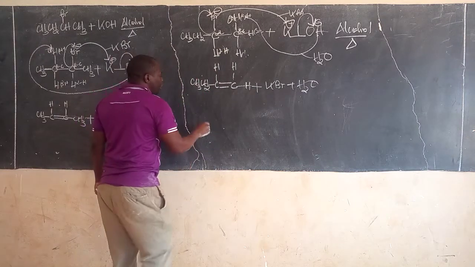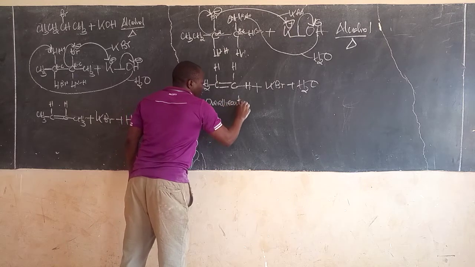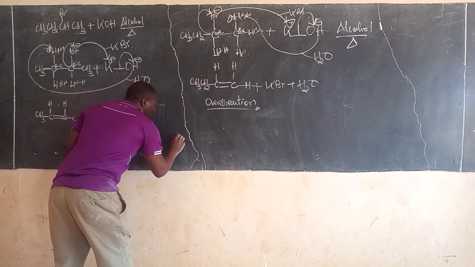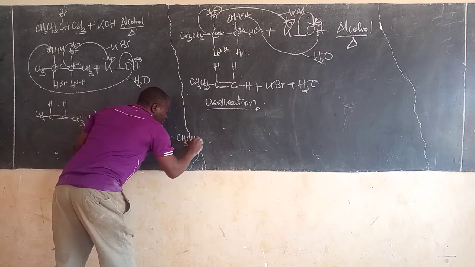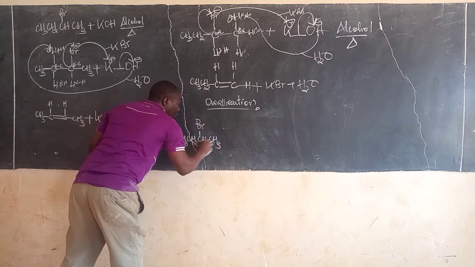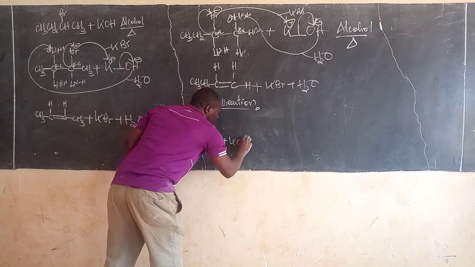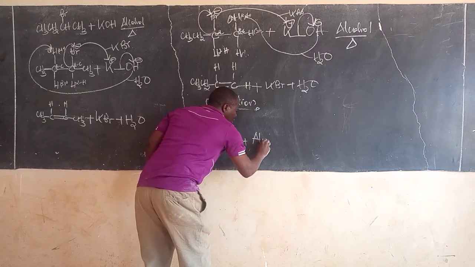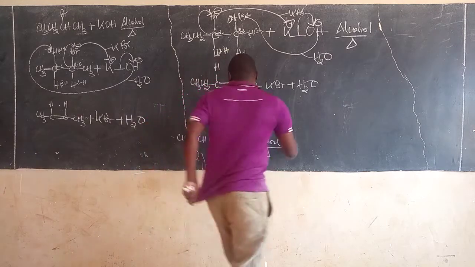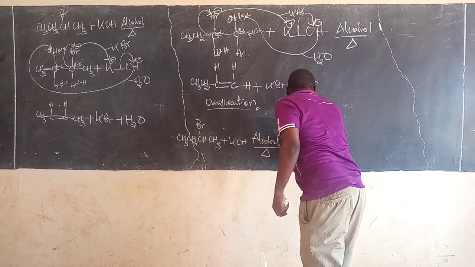Therefore, the overall reaction of this kind of reaction is going to be CH3, CH2, CH, here bromide, plus we have used the potassium hydroxide and the catalyst, which is heated alcohol, to form these two products.